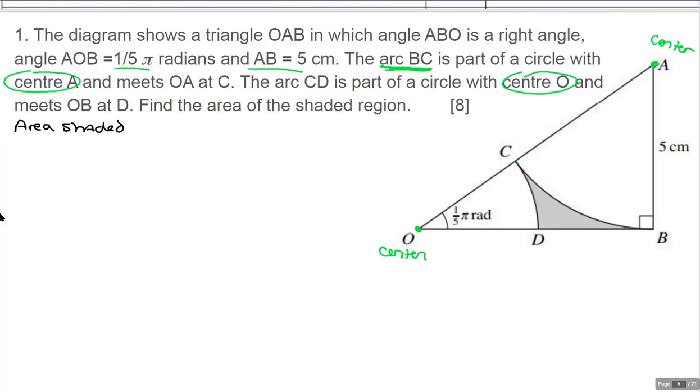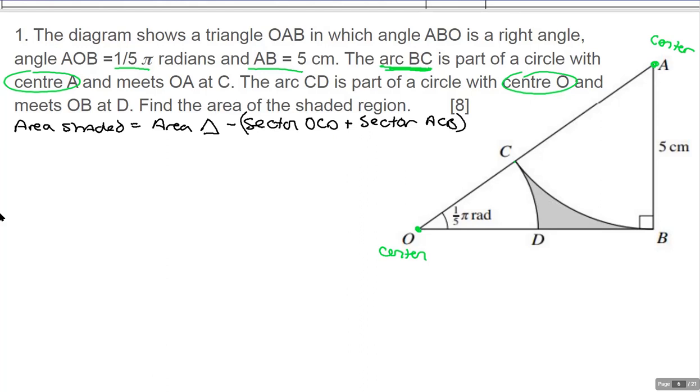Exactly. What we're going to do is find the area of the triangle, and then we're going to subtract sector OCD, and we're going to subtract sector ACB.